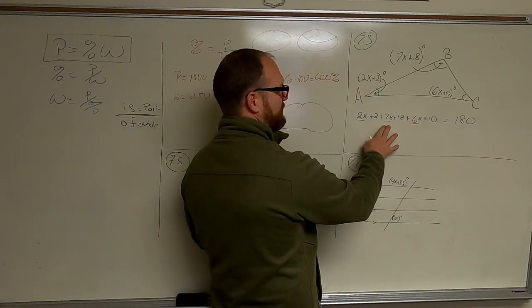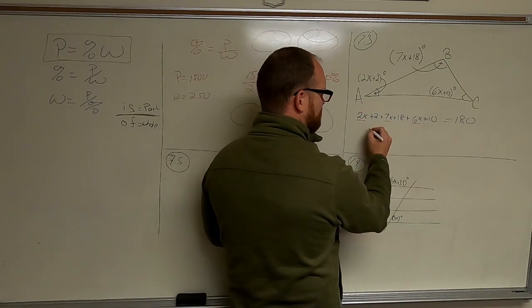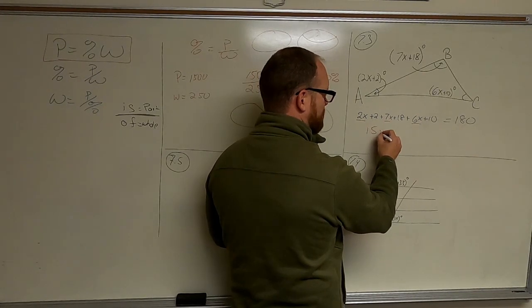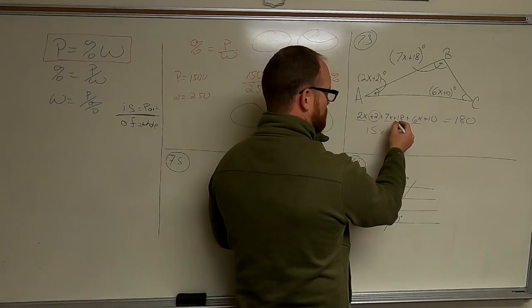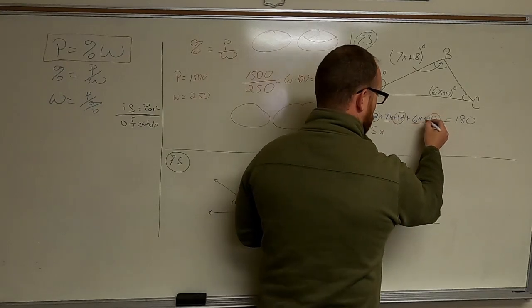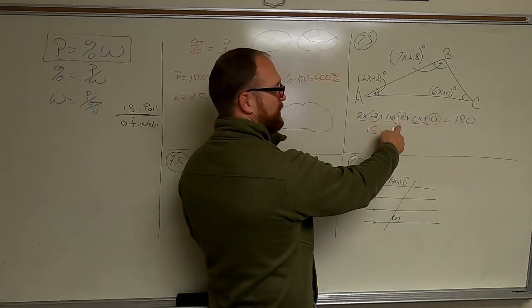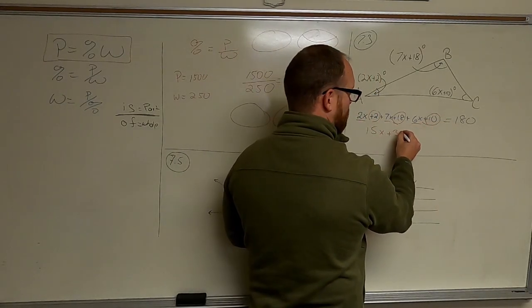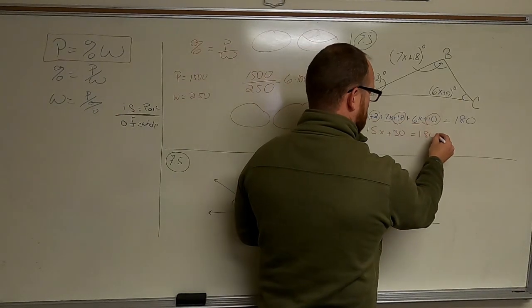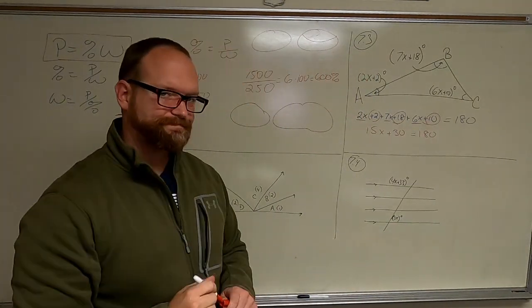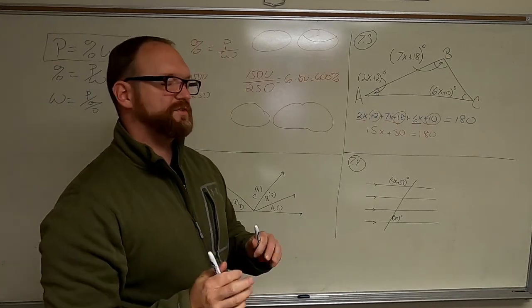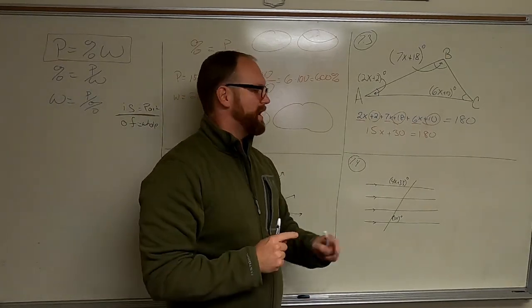Well, 2 plus 7 is 9, 9 plus 6 is 15x. And then we add the 2, the 18, and the 10. 2 plus 18 is 20, 20 plus 10 is 30. And that equals 180.